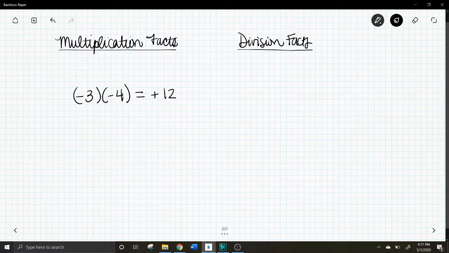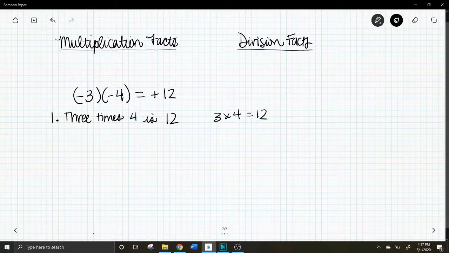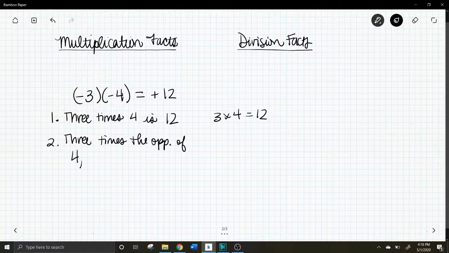One way to get through that sequence is to think of these examples. We have 3 times 4 is 12. We know that's true. So we also know that 3 times the opposite of 4 is the opposite of 12.